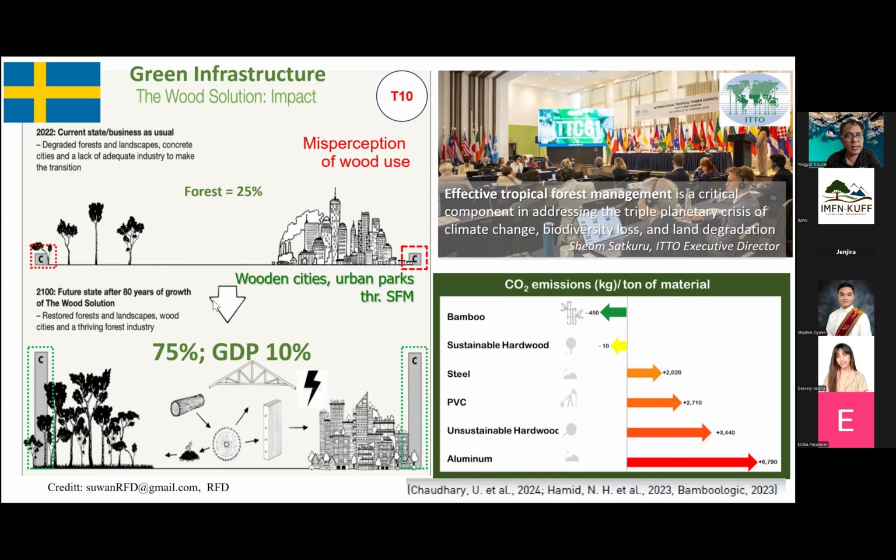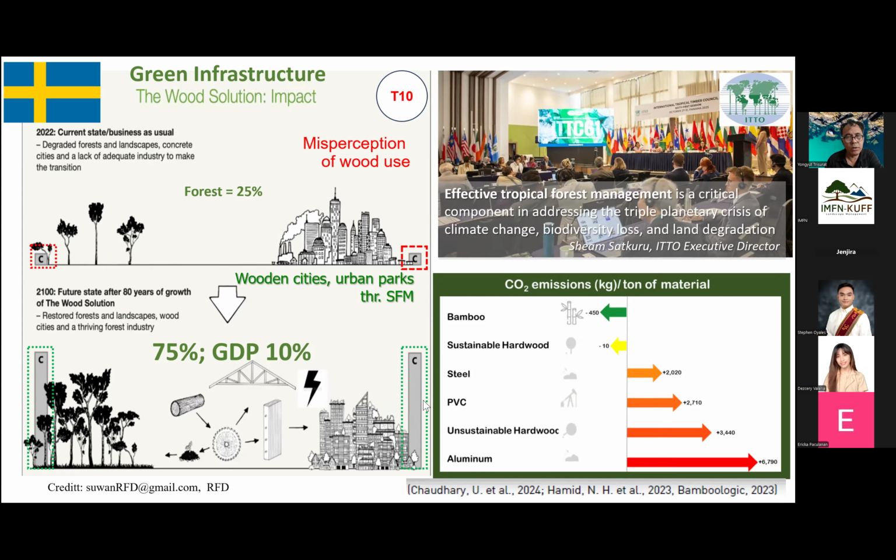But since the government promoted the wooden city, using wood from sustainable forest management and from recovered sources, this can persuade people to grow more trees in the ecosystem. It means that the carbon kept in the forest is much higher than in the previous time.